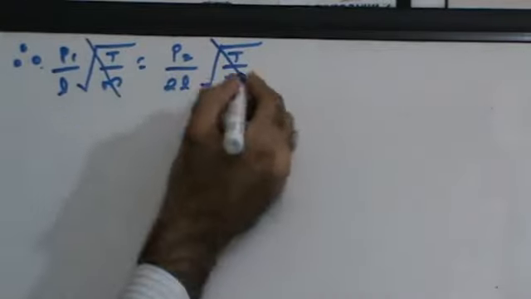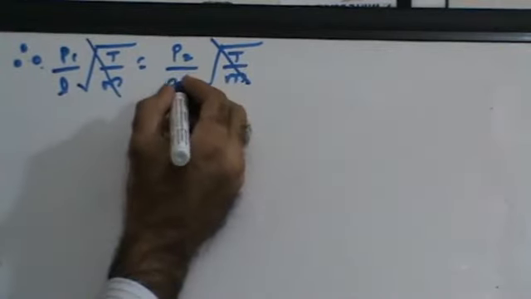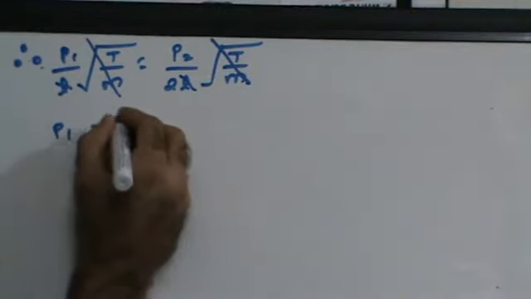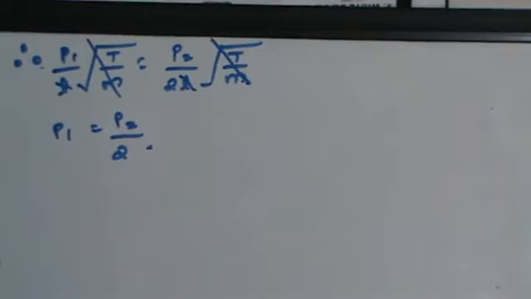Square root of T by m gone. So in that case L and L is gone, so you will get p1 is p2 upon 2. That's your relationship between parallel and perpendicular position. Fine, do we get this thing here?